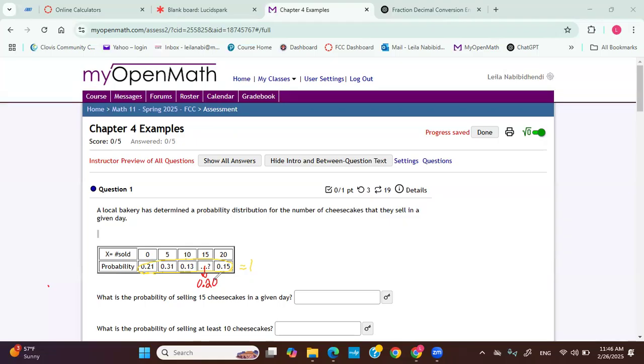So the probability of selling 15 cheesecakes is 0.20. Now the question is asking, what is the probability of selling 15 cheesecakes in a given day? That's the first thing. The answer is 0.20.